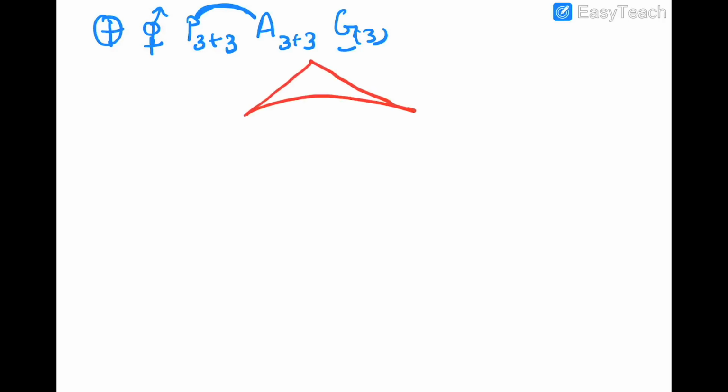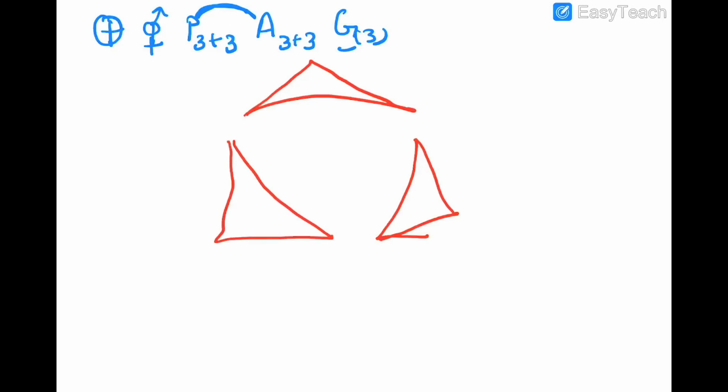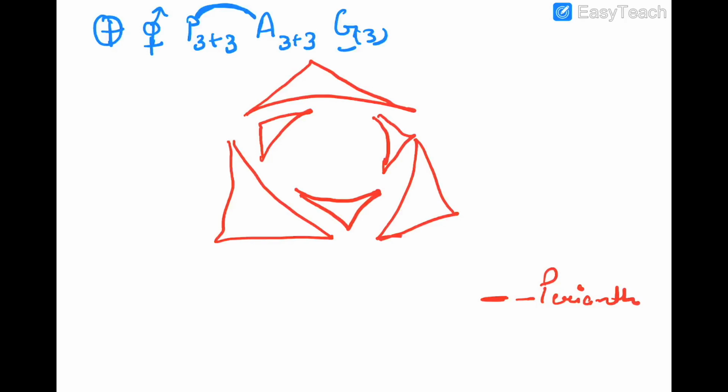So these are the 1, 2, 3 group which is outside, and 3 groups which I will make inside. That would be 1, 2, and 3. So 3 I have drawn inside and 3 I have drawn outside. So total would be 6. So this in red I have shown total 6 groups of perianth, which are in 3 plus 3.